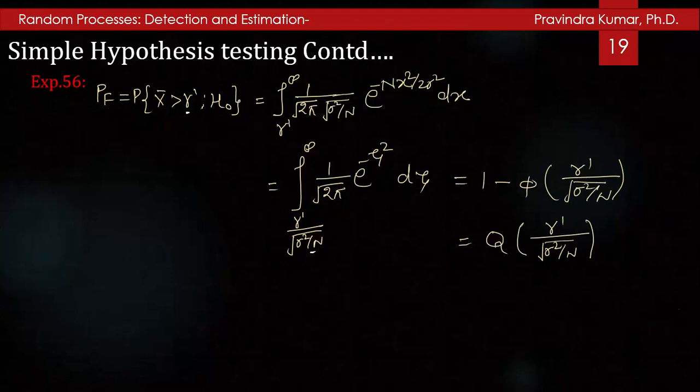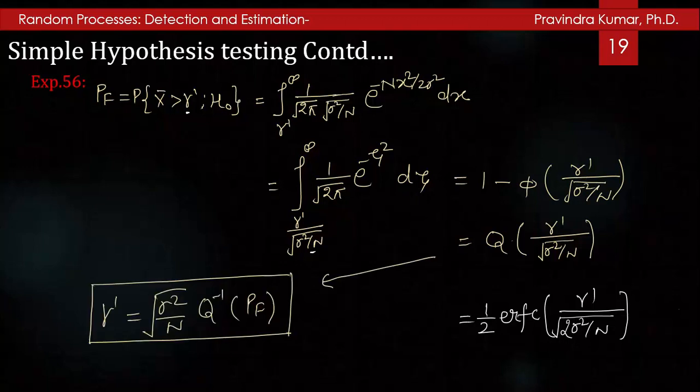In the Q function form it will be Q of gamma dash upon under root sigma square by n, and in the complementary error function it can be written as 1 upon 2 ERFC of gamma dash divided by under root 2 sigma square by n. From this function Q I can find out the threshold gamma dash as under root sigma square by n times Q inverse of the probability of false alarm.